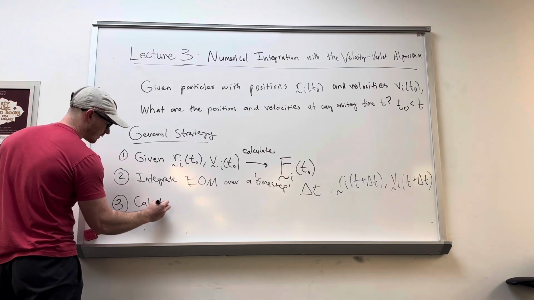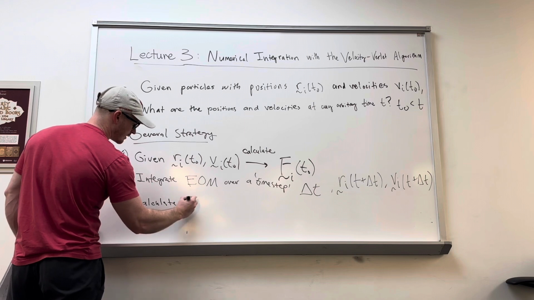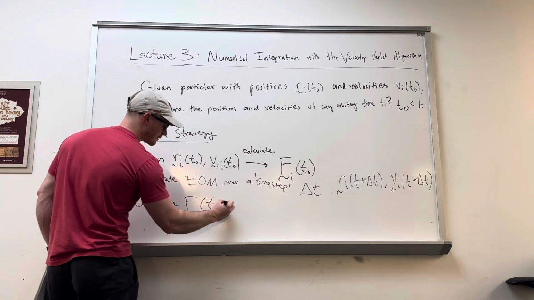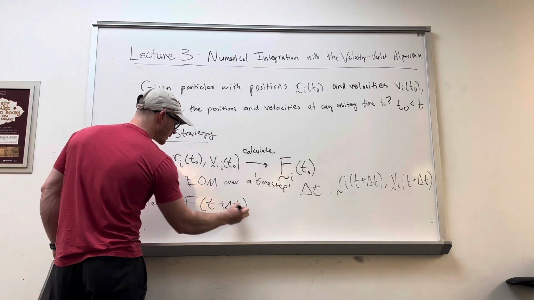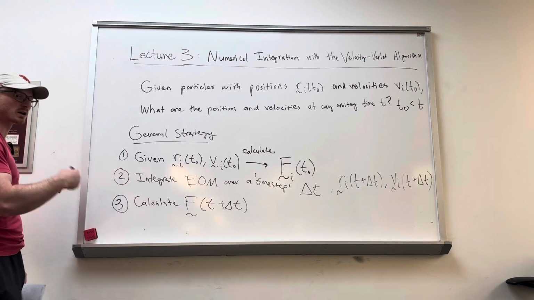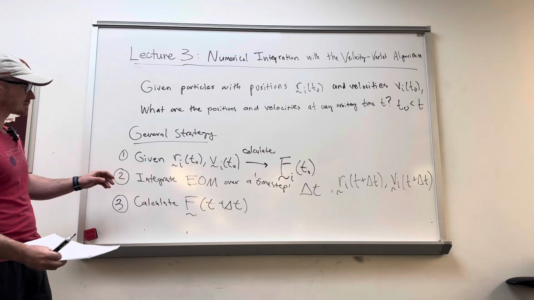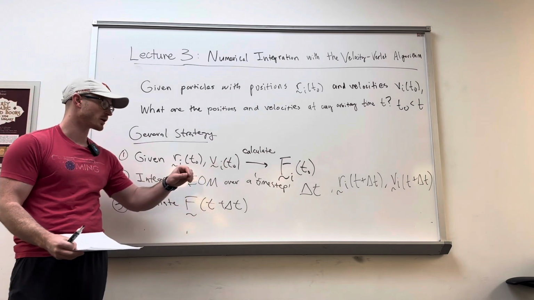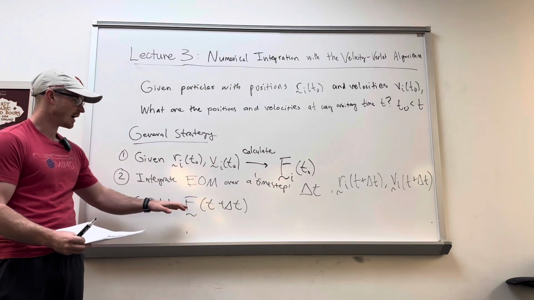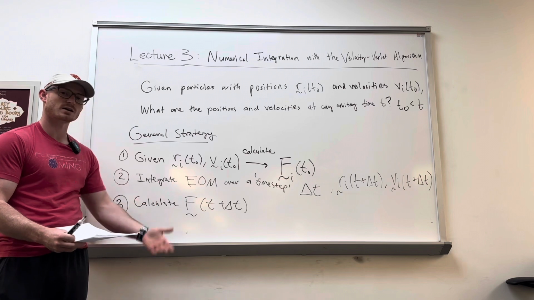So we can calculate the force at t plus delta t. And once we have that, we can go back and we can repeat the process. And we can just continually repeat this process of calculating the positions, the force, the updated positions, and then the new force, and so on and so on and so on.